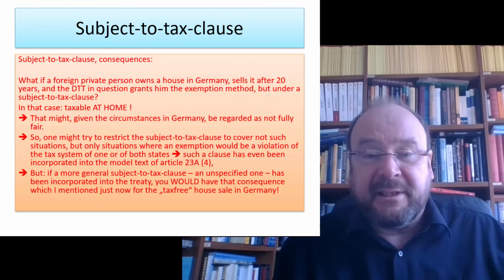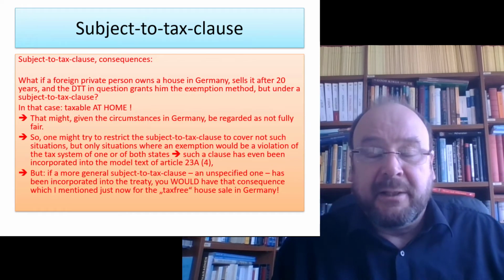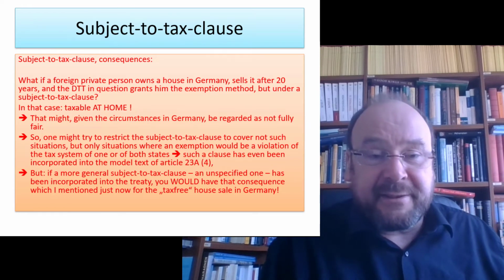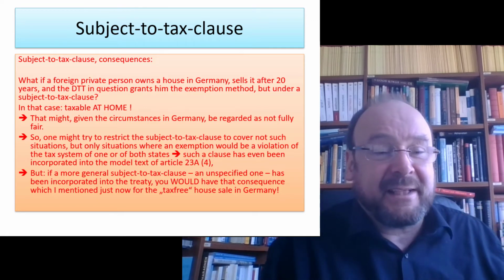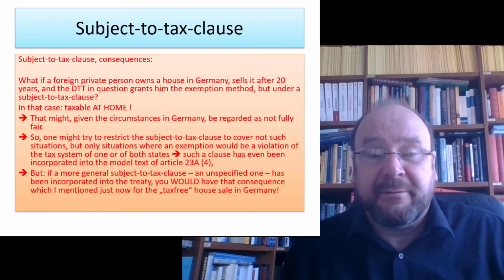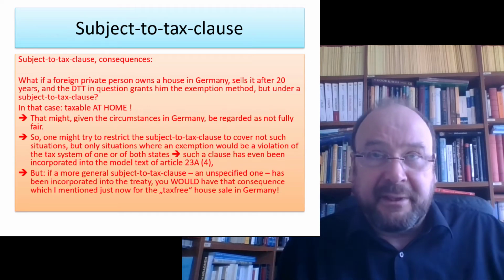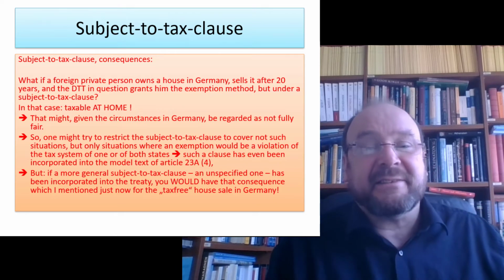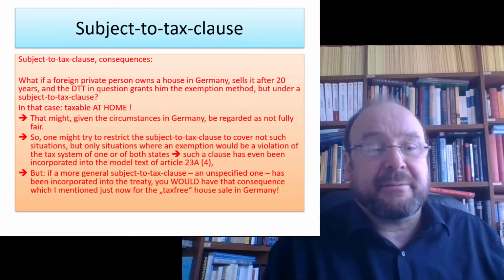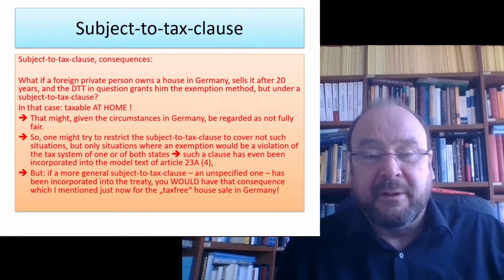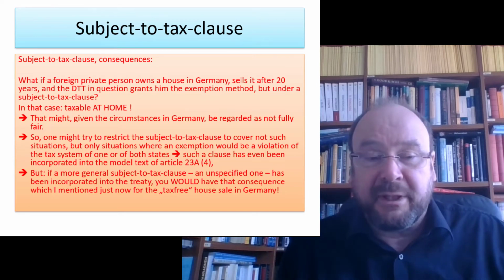In that case, if the gain from the sale remains tax-free in Germany, the exemption method fails and the credit method takes place, with the consequence that at home you have to pay the full tax. So if an investor from a foreign country really invests in Germany, if they sell within the 10 years period, they get away with the German tax level. If they sell after 11 years, they become taxable at home again.